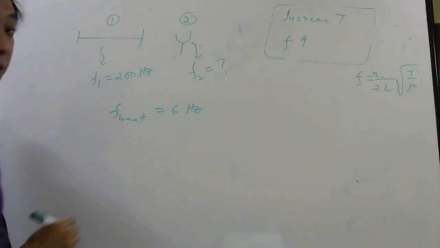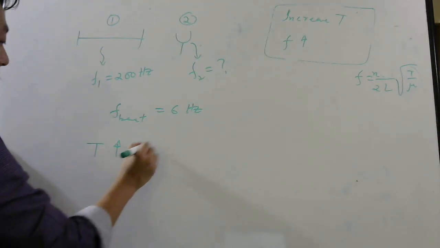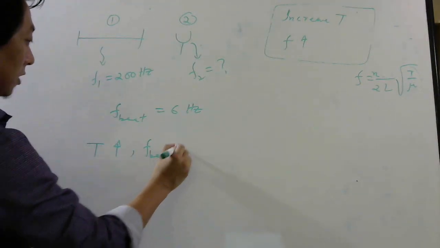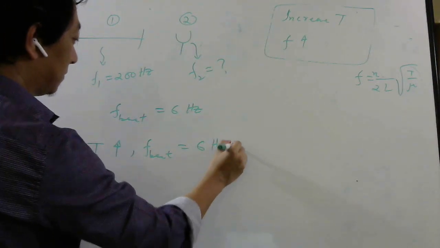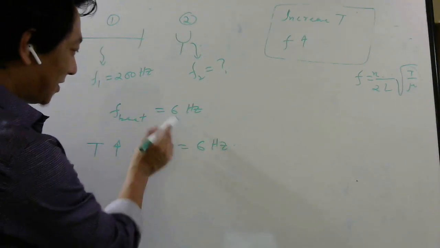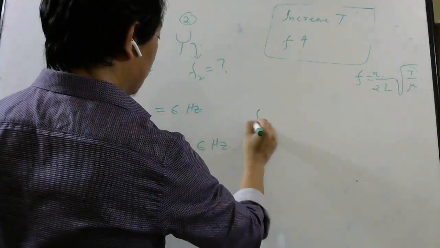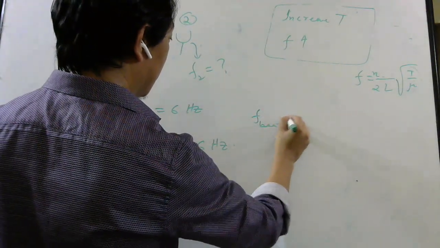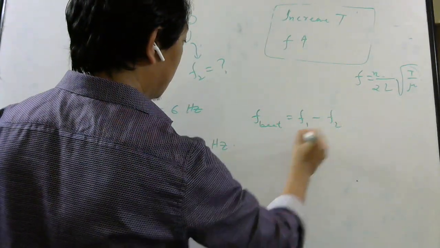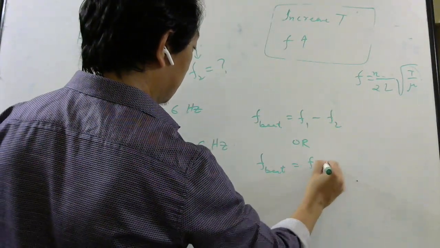The information given is that tension in the string is increased, because of which beat frequency has become 6 Hertz again. Now let us write the formula once. What are the two possible formulas? Beat frequency is F1 minus F2, or beat frequency is F2 minus F1.